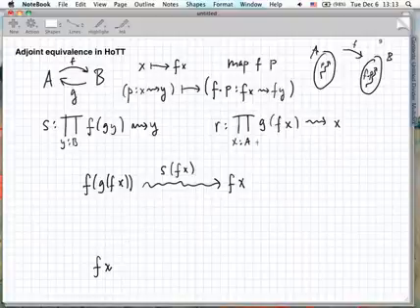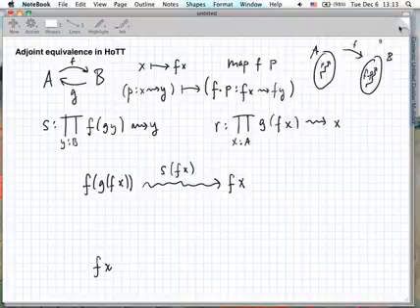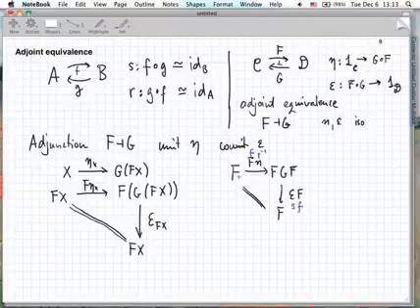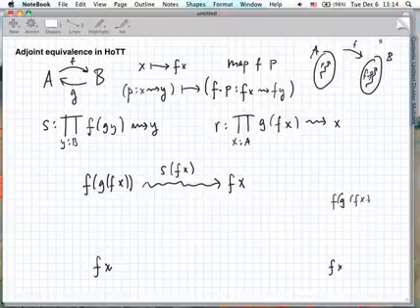On the side I'm going to do this. I'm confusing myself here. I have to look again. So f, f g f. On the side I have f of x, f g f of x.